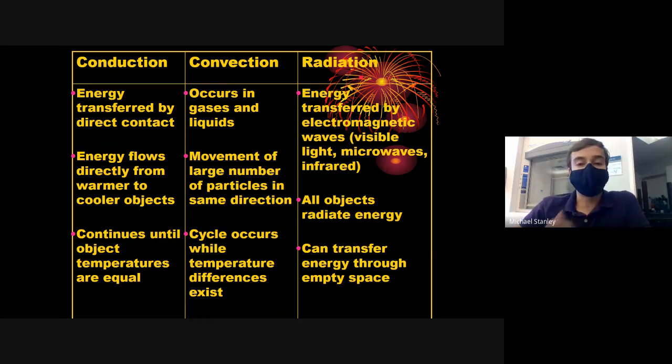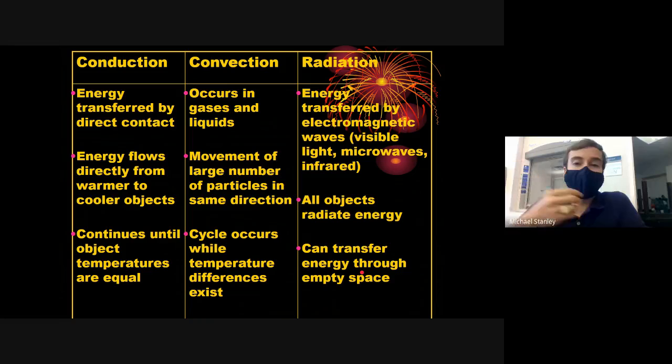And then finally, you have radiation, or energy transferred by those EM waves, energy that is transferred across space, not directly by touching or moving large particles. So we get radiation from the sun because that heat and that energy from the sun can travel through the empty space and come here and land on Earth.